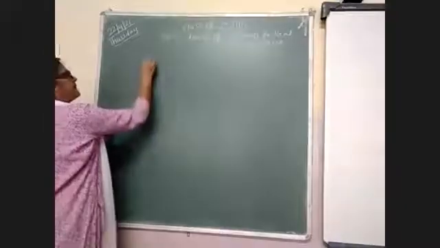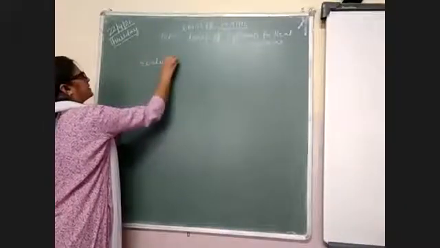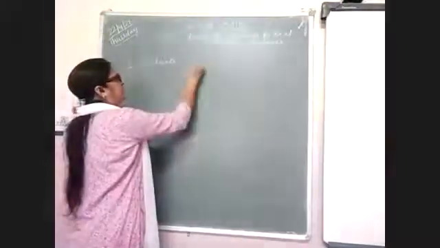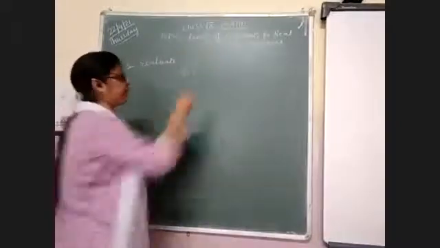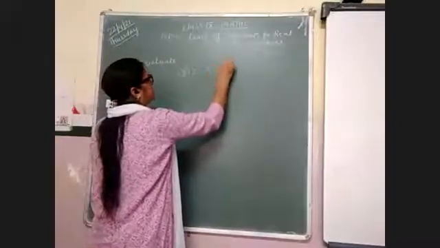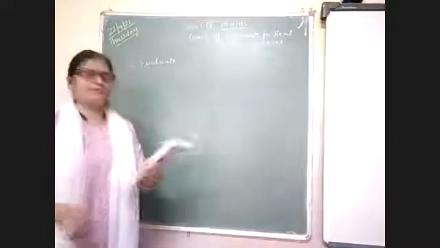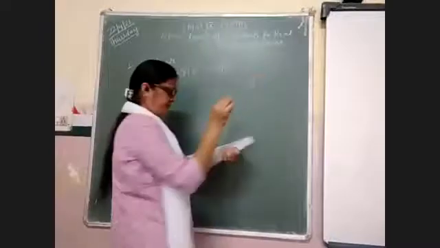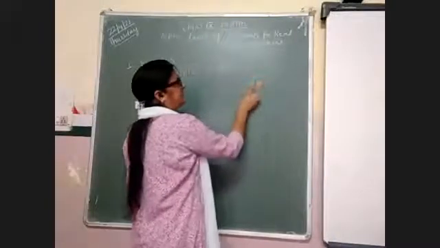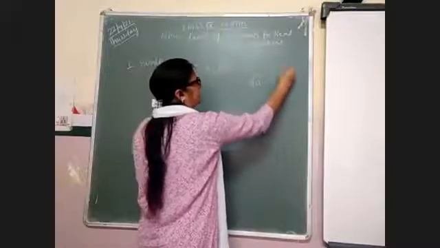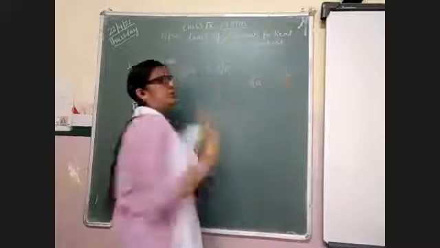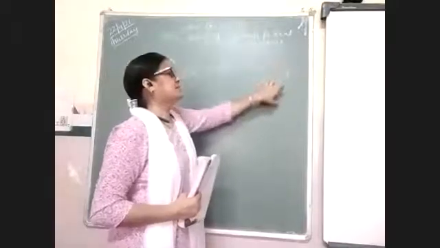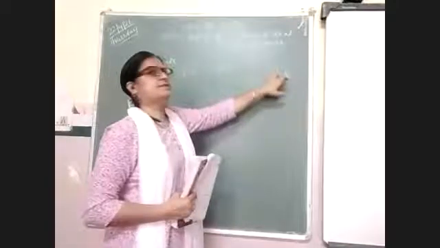Evaluate the fourth root of 12 multiplied by the seventh root of 6. Yesterday, the last law says that the nth root of a means a raised to the power 1 upon n.